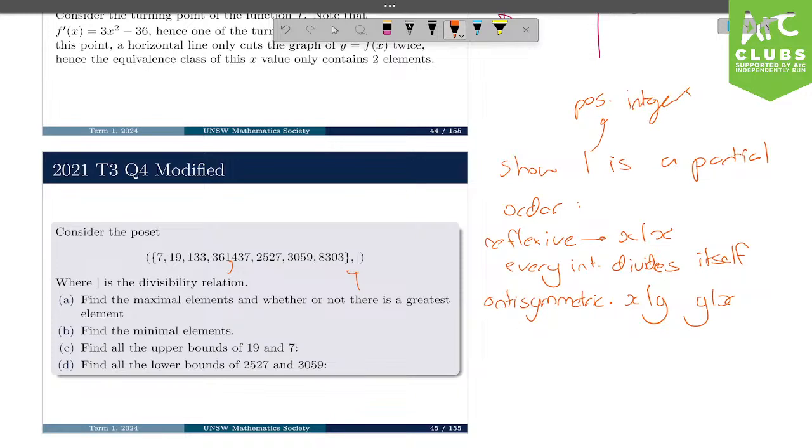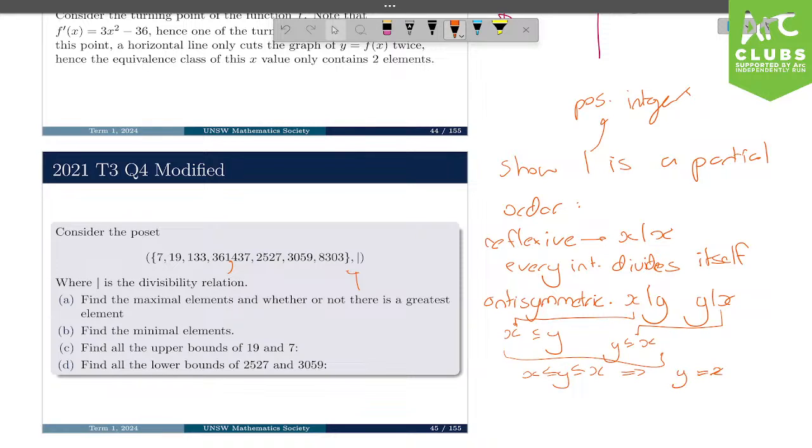So since x divides y, x is less than or equal to y. And since y divides x, y is less than or equal to x. From this, x is less than or equal to y is less than or equal to x, which implies that y equals x.